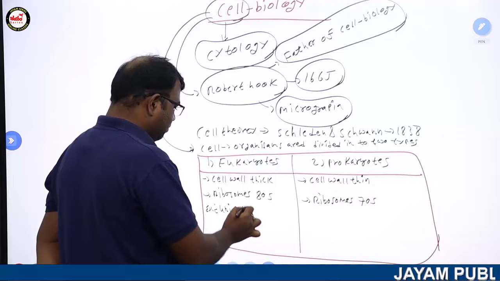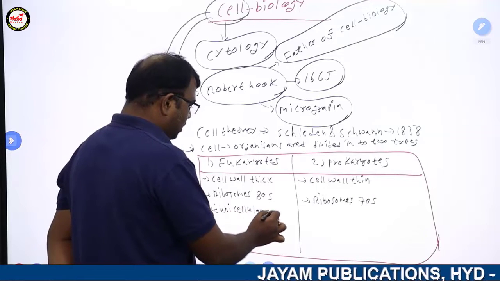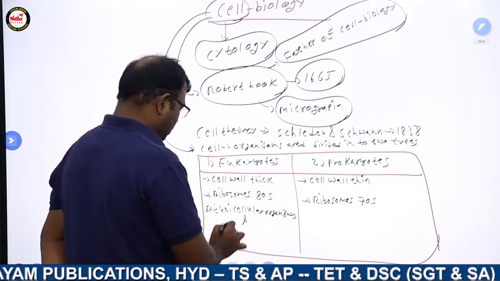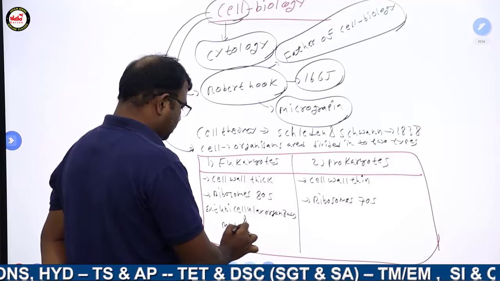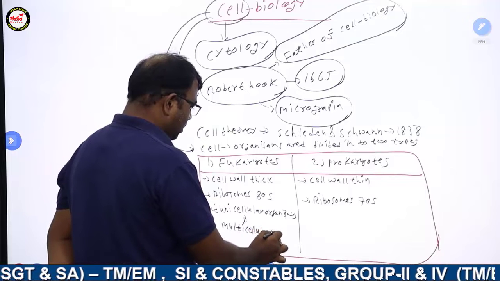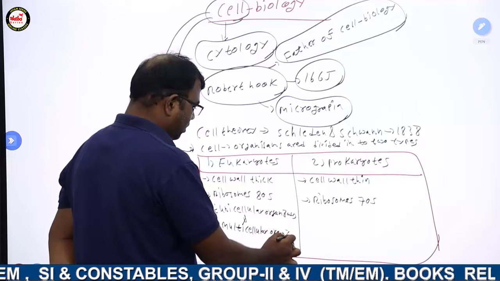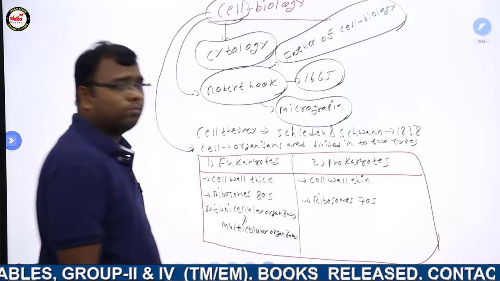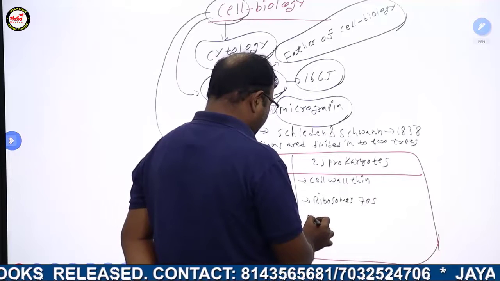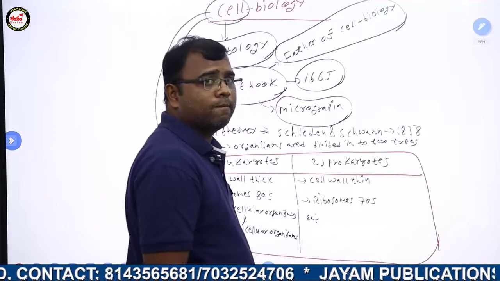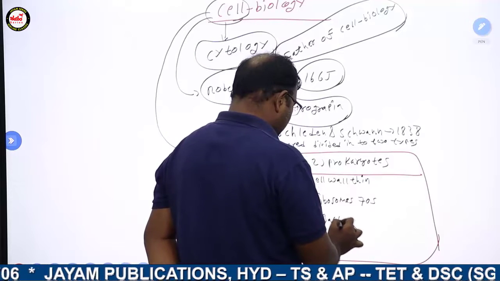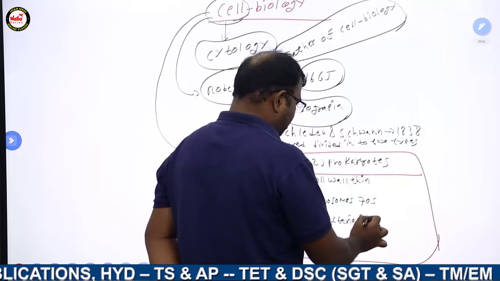The best examples of eukaryotes are unicellular organisms and multicellular organisms, and the examples of prokaryotes are bacteria and blue-green algae.